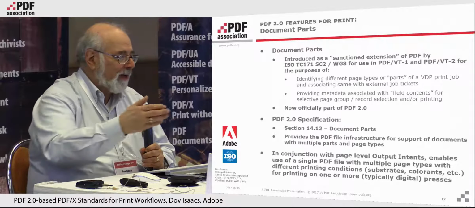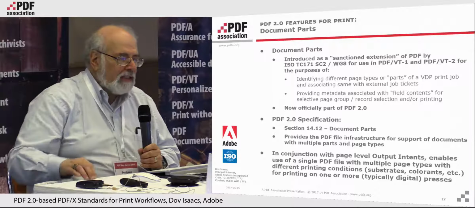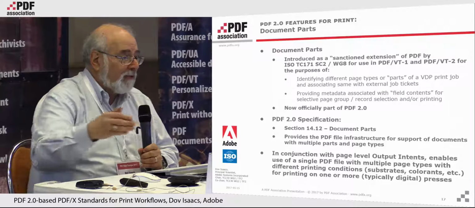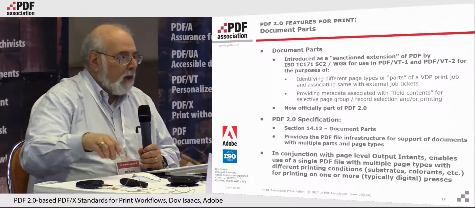You want to be able to associate a particular page type with some outside information, such as, where do I print this thing? Okay, in PostScript you had something called setpagedevice that went in there that allowed you to choose the tray and whatever. Do you want to do that in PDF? No. You want to be able to say, this type of page is a cover, and this is text, and this is my envelope. And you want some sort of outside job control, maybe JDF or something similar, to say, cover?